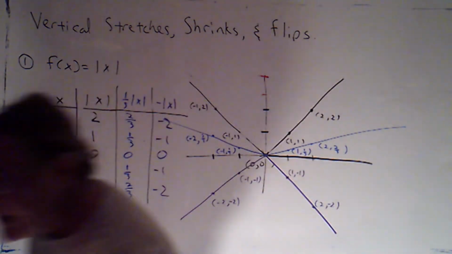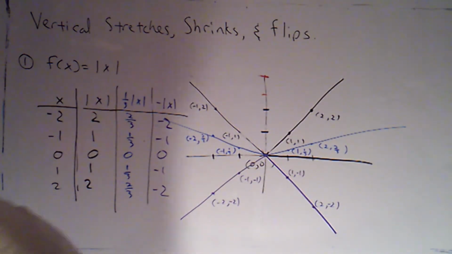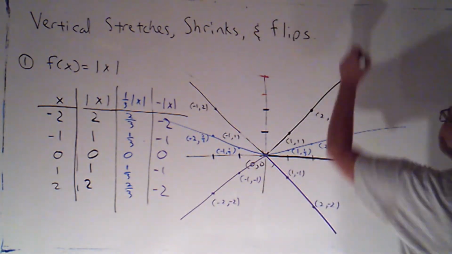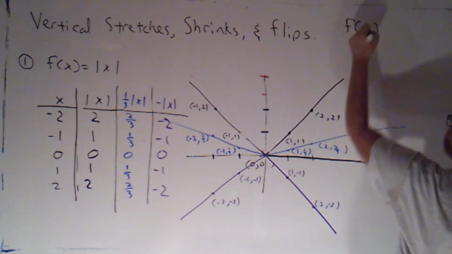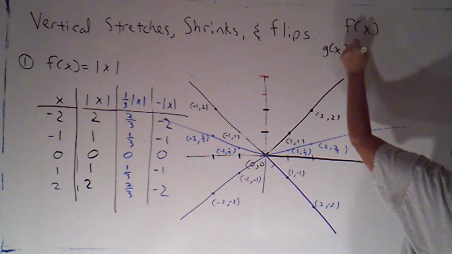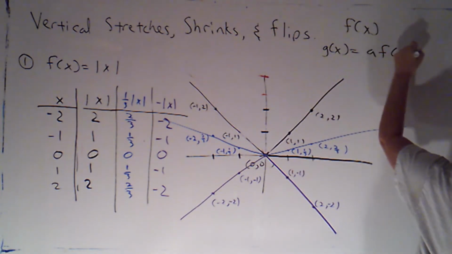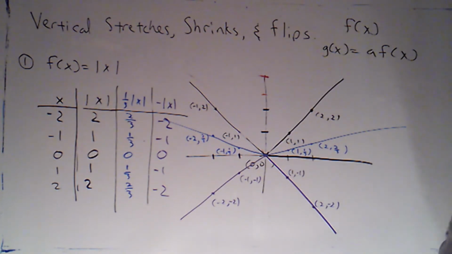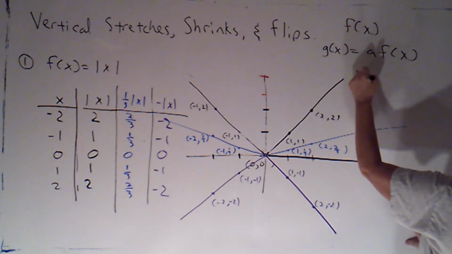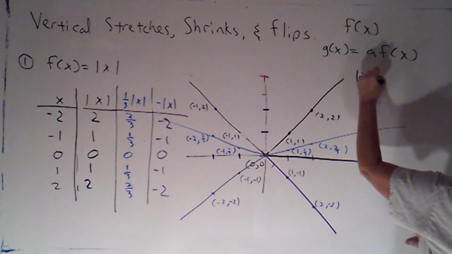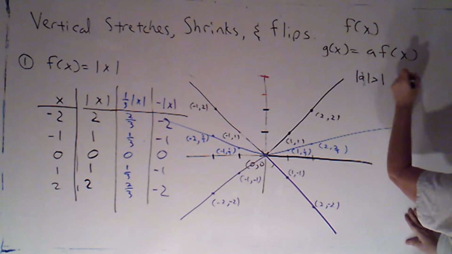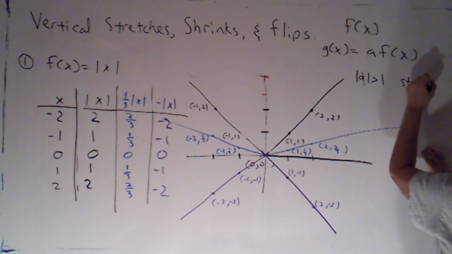Okay, so in general, what we can see is that if I have f of x, and then I say g of x is equal to a times f of x, what's going to happen is if the absolute value of a is bigger than 1, we're going to do a vertical stretch.